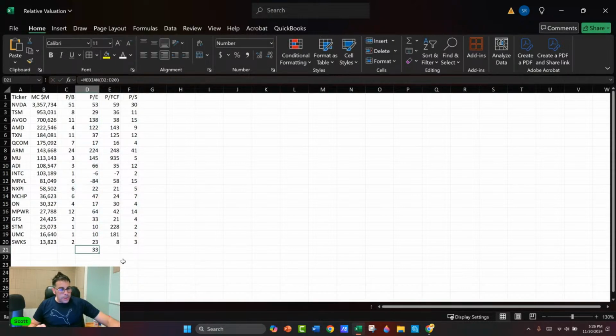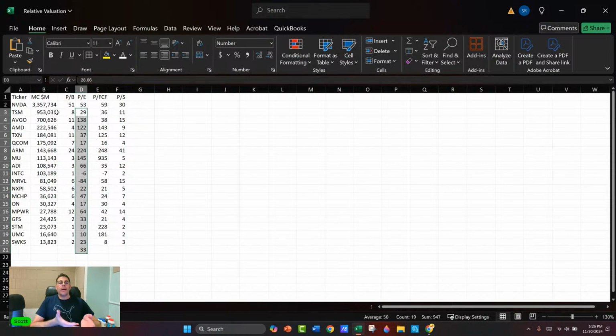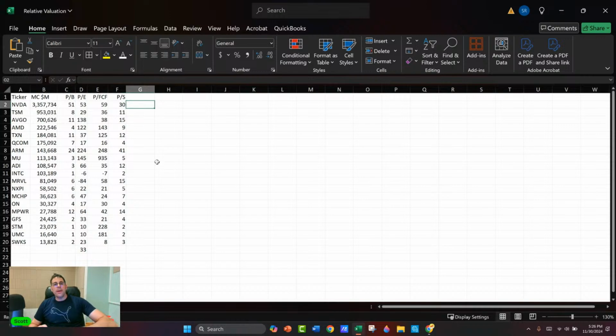These are just the top 20. So the median for the industry is 33. If everybody had a 33 PE, we're going to get an implied market cap. This is much more simple than what I did, but we'll get an implied market cap, assuming everybody shared the median PE of 33, and then we can see who's over or undervalued.